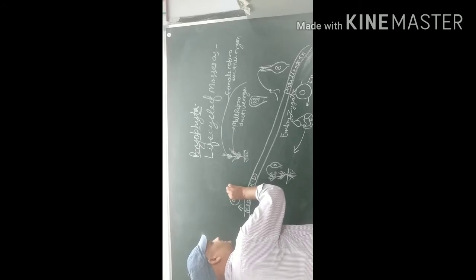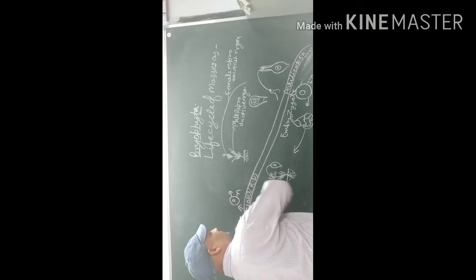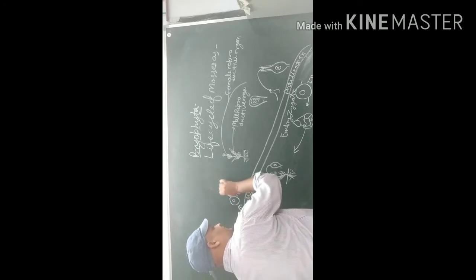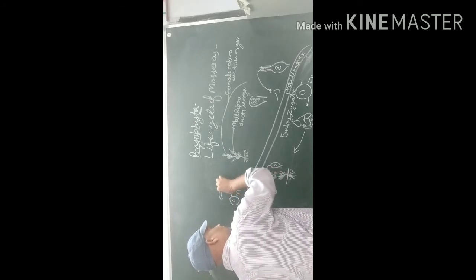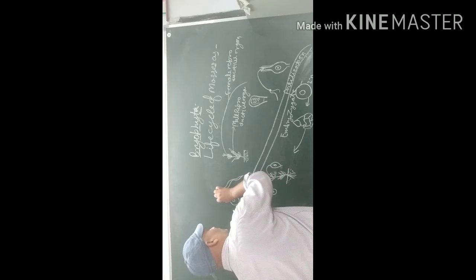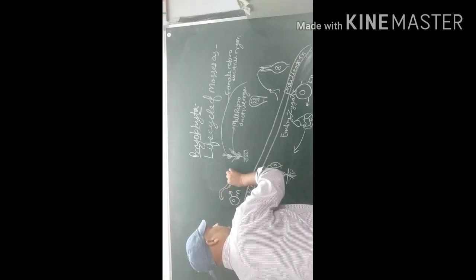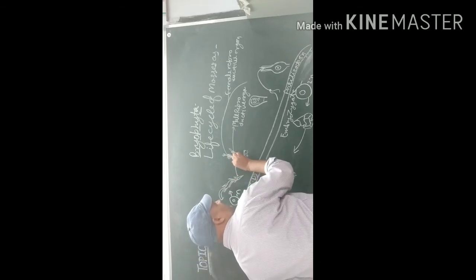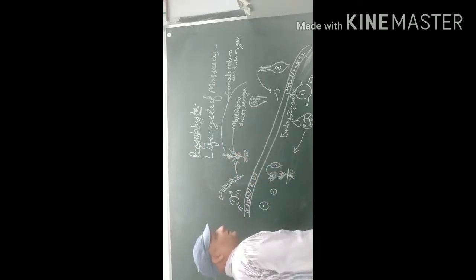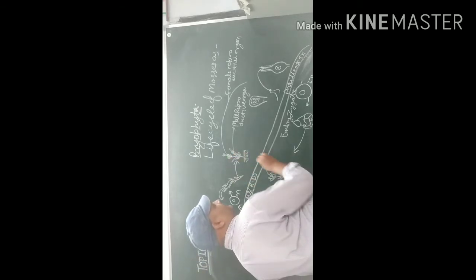Then each converts into a filamentous structure known as protonema, a greenish and autotrophic structure. After some time, it develops into the adult gametophyte.